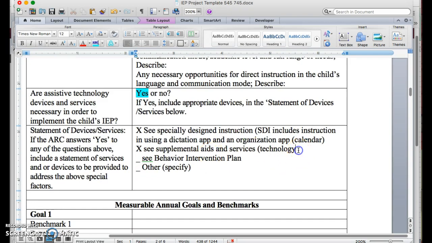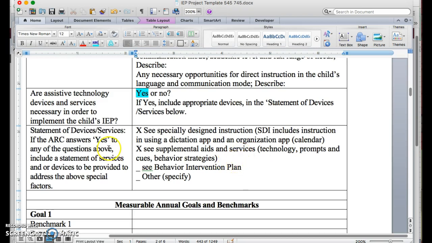That would be addressed under supplementary aids and services as prompts and cues, and it might be some behavior strategies that are listed there.